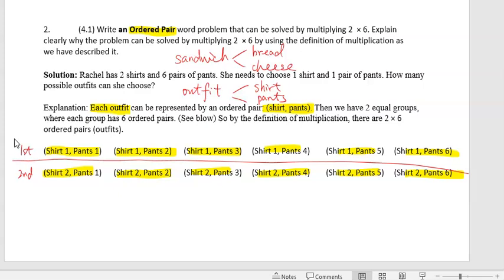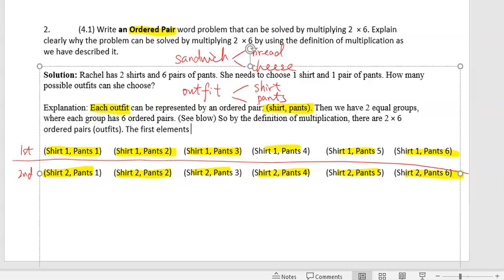So now this is turned into an array problem. Originally it's an ordered pair, but once we list all the answers, it looks like an array problem. And so we can see the number of groups will be the number of shirts we have. The first element is the number of groups, because we have 2 shirts, that's 2 rows or 2 groups.